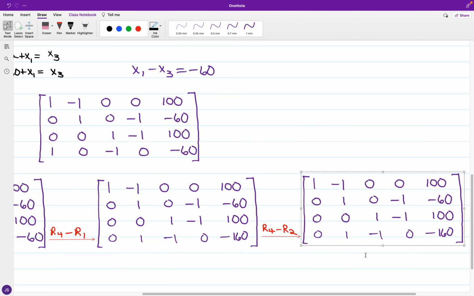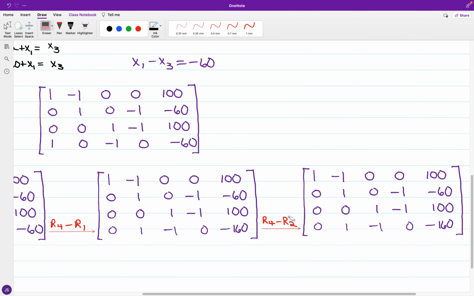So we got 0 minus 0 is 0, 1 minus 1 is 0. We got negative 1 minus 0 is negative 1. 0 minus negative 1 is positive 1. Negative 60 minus negative 60, that is going to be negative 100.